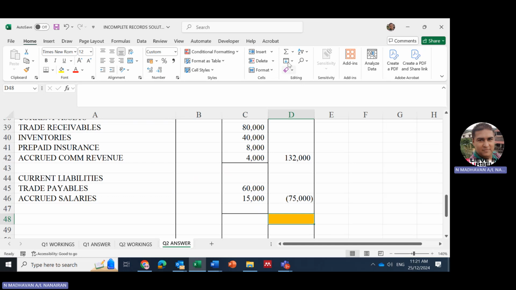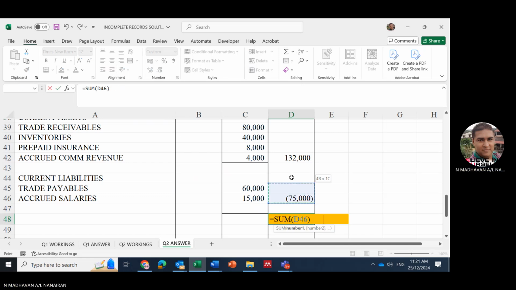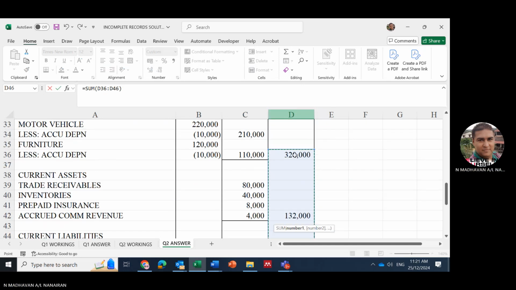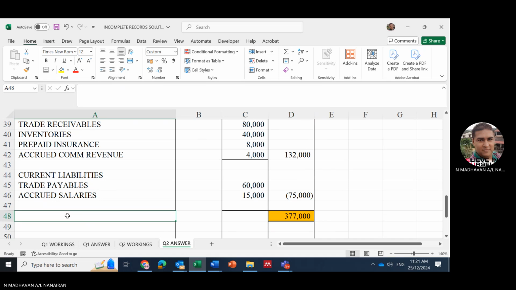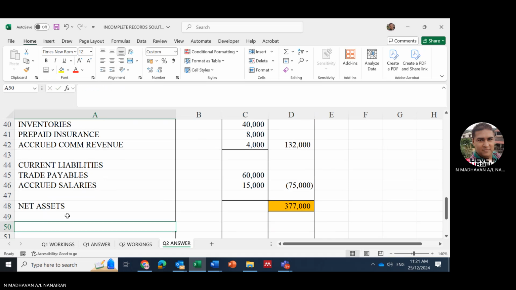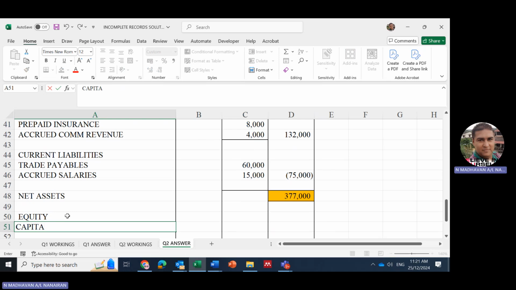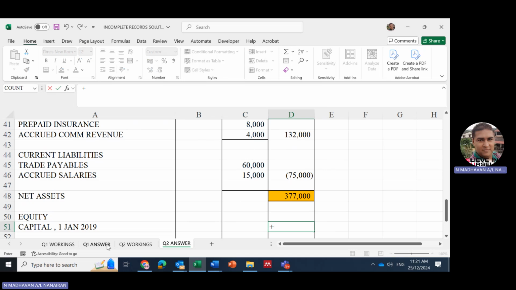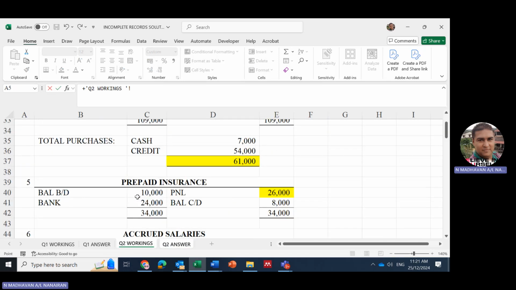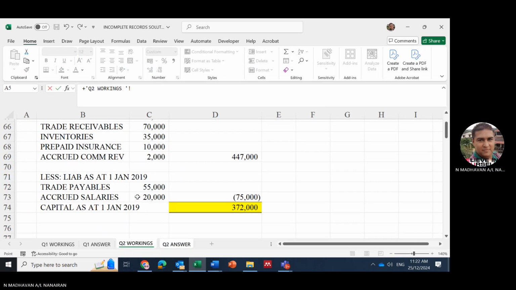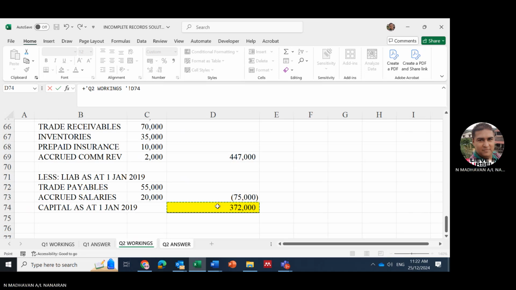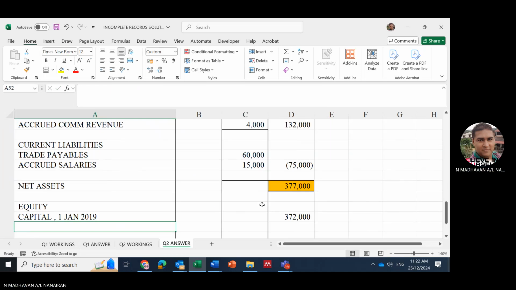So your net asset, followed by equity capital as at 1st January 2019. We calculated, right? That amounts to 372.